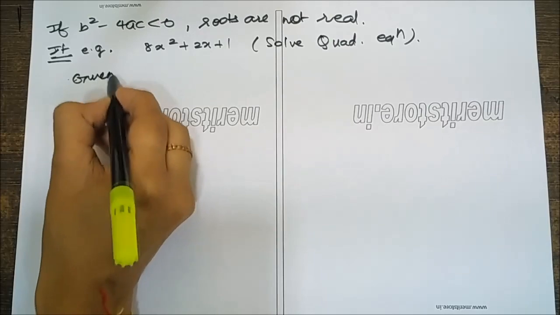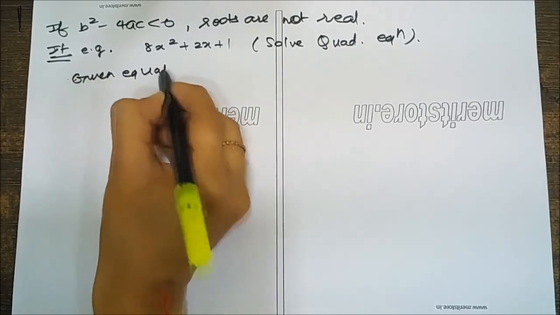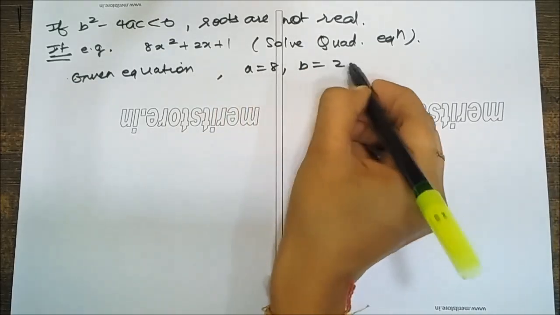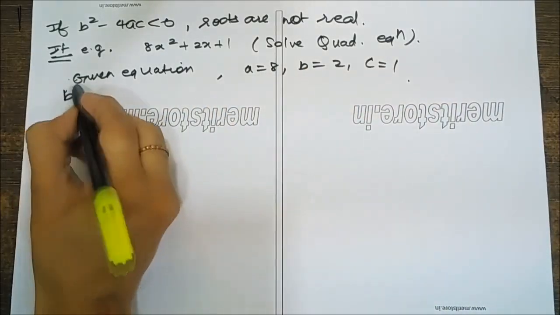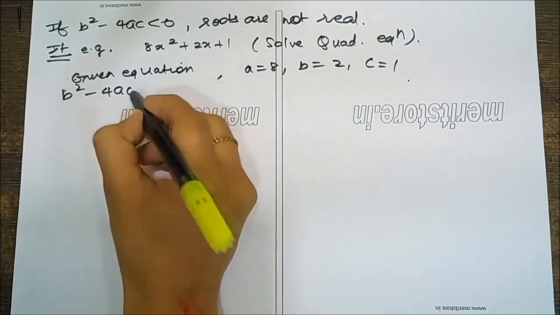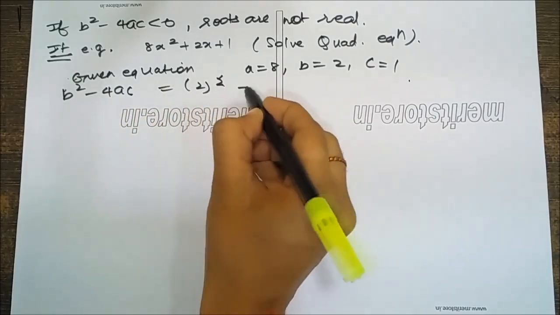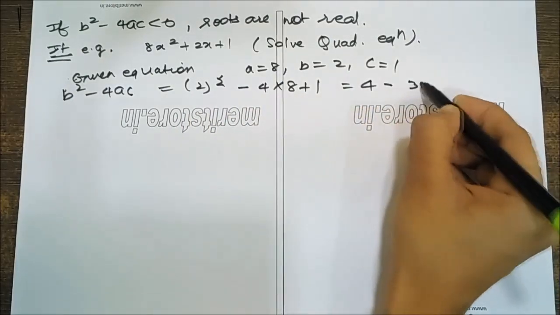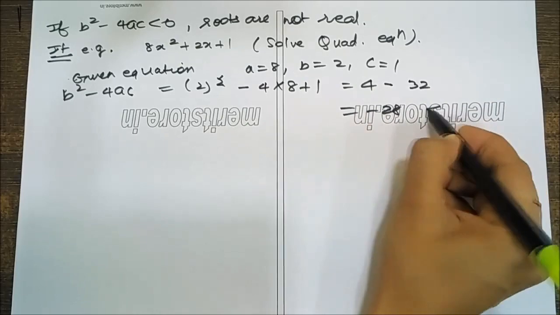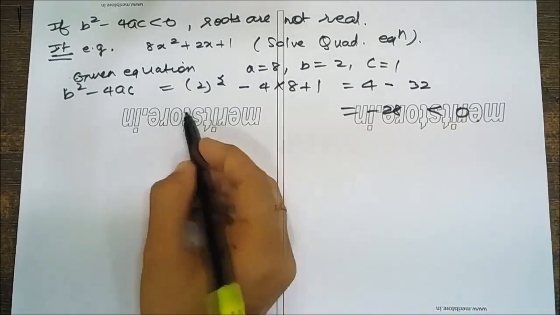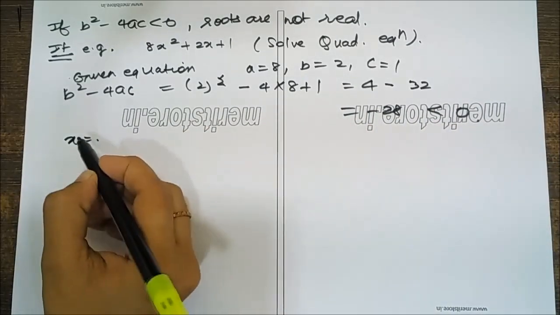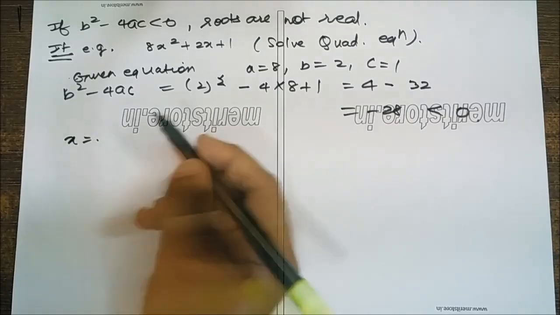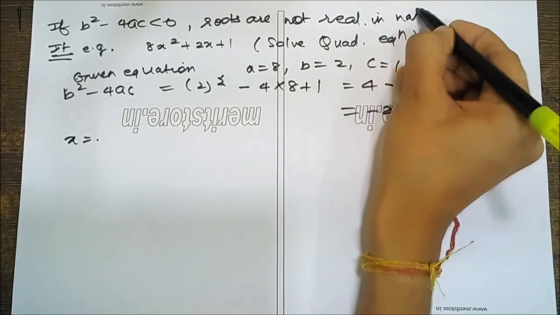Given the equation, your a is 8, b is 2, c is 1. b square minus 4ac is equal to 2 square minus 4 into 8 into 1, that is 4 minus 32, that is equal to minus 8, which is less than 0. Then you can find the roots of the equation are not real in nature, I would say.